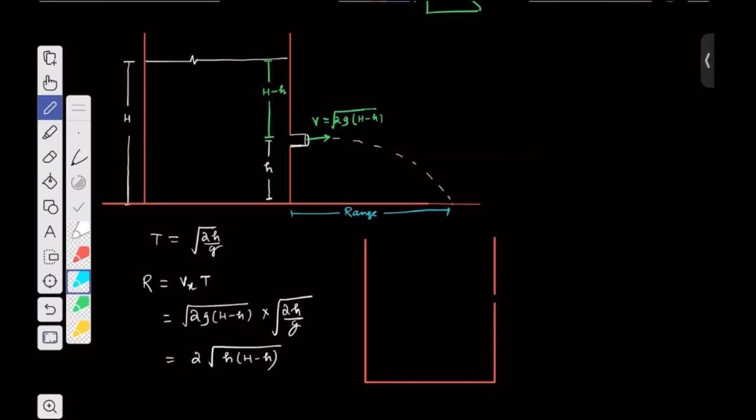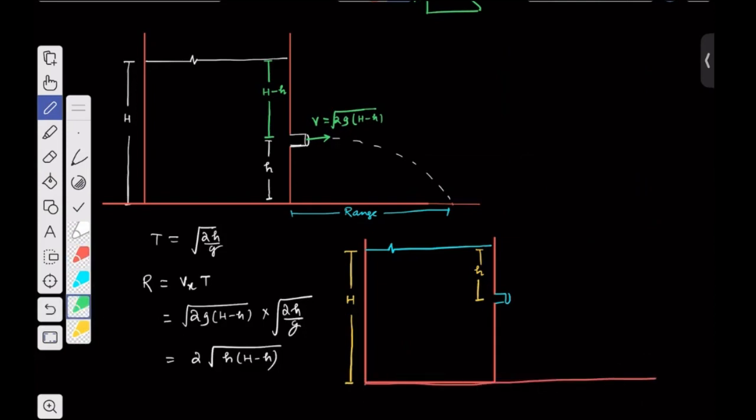Now, what I'm doing is, instead of having the opening made at height h, I'm making that opening at a depth h from the free surface. Everything else is the same. The free surface is at a height capital H from the horizontal.